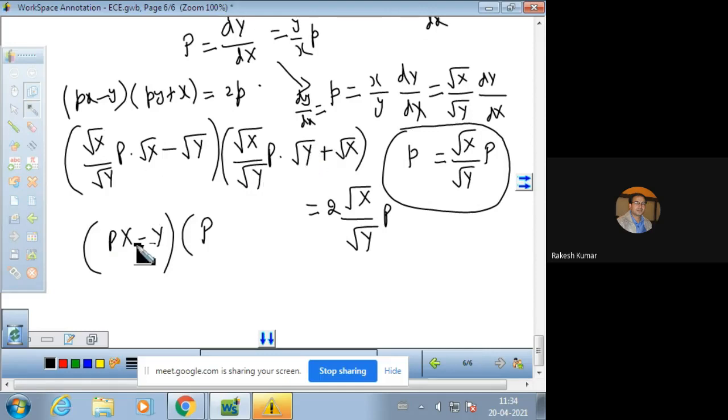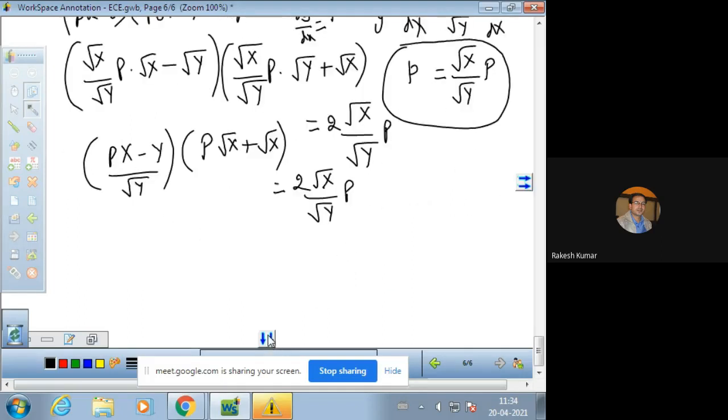So that will be px minus y over square root y. Okay, write down here. So p square root y is cancelled with this. You will have square root x plus square root x is equal to the right hand side, 2 square root x over square root y into p. So ultimately, this term can be written here as px minus y over square root y.